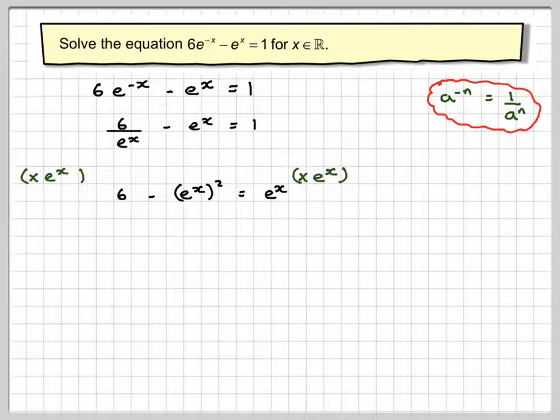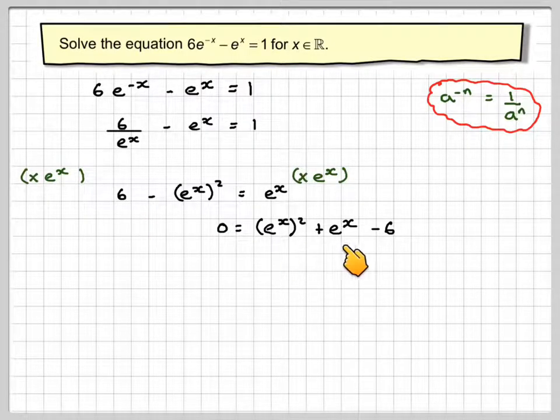Now this is actually a quadratic in e to the x. Rearranging this, by adding e to the x squared, we get e to the x squared plus e to the x minus 6 is equal to 0.